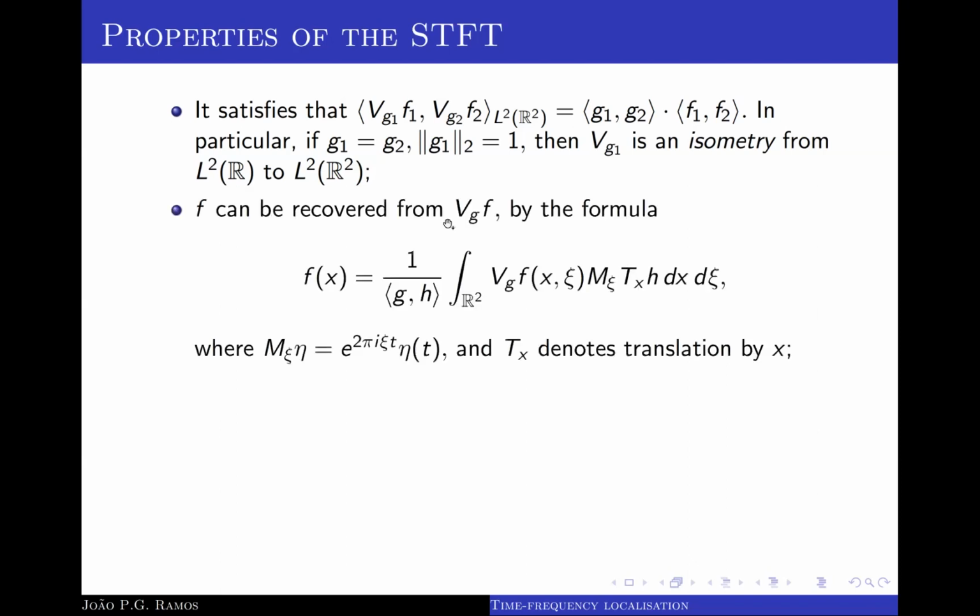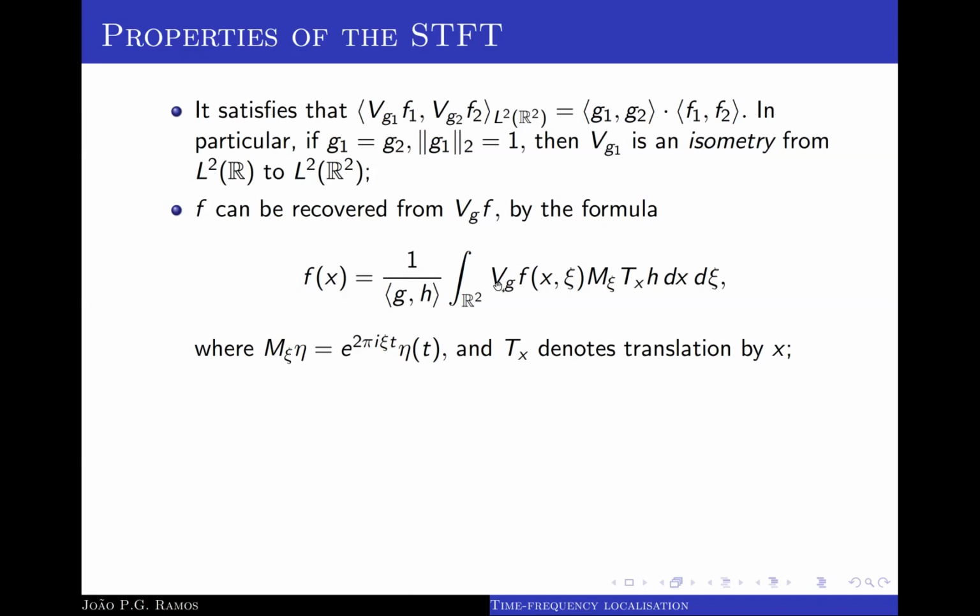Another nice property of the short time Fourier transform is that you can recover f from its short time Fourier transform by just an inversion formula. This is a well-known idea in the neighboring field of time-frequency analysis, where it's directly related to the proof of the Carleson theorem and so on.